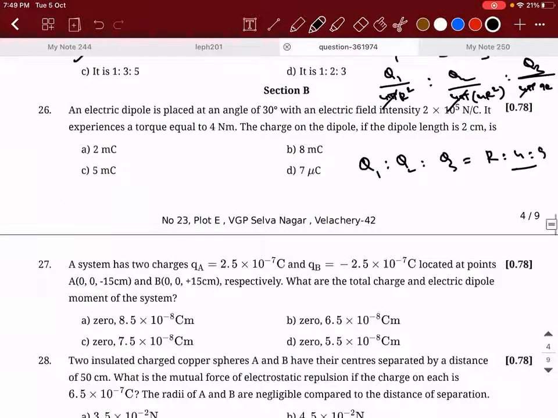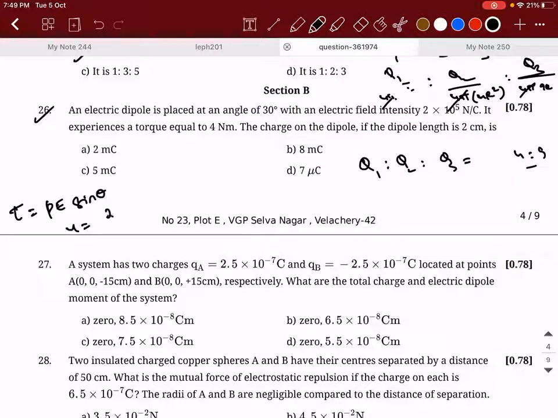26. An electric dipole is placed at an angle 30 degrees with an electric field. It experiences a torque of 4 Newton meter. Find the charge on the dipole, if the dipole is of length 2 centimeter. What is the formula? Torque is equal to PE sin theta. So torque is 4.